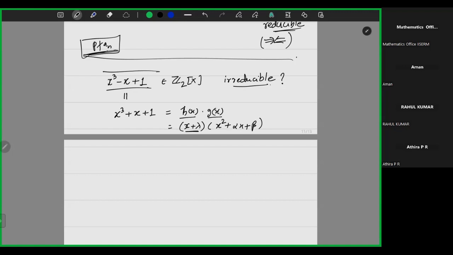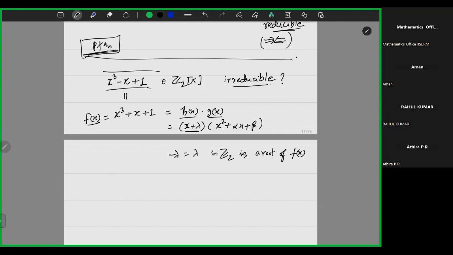So from this linear term, we get that minus lambda, which is equal to lambda in Z2, is a root of f(x). Let me write it f(x). So if you have a root, then this is reducible. If you don't have a root, it is irreducible.